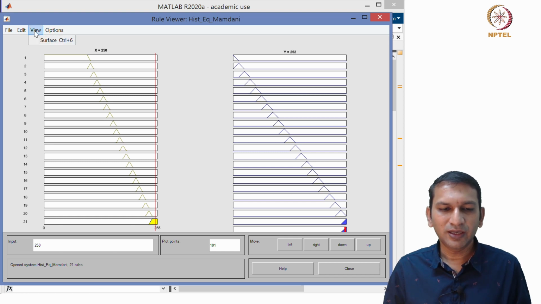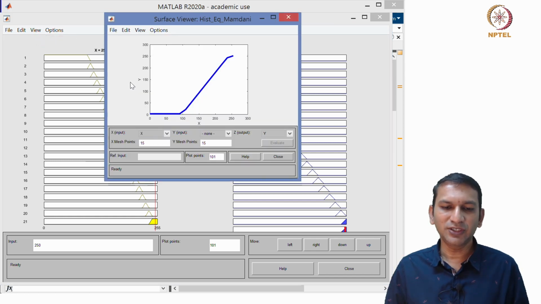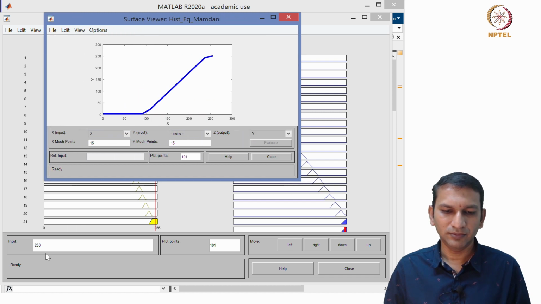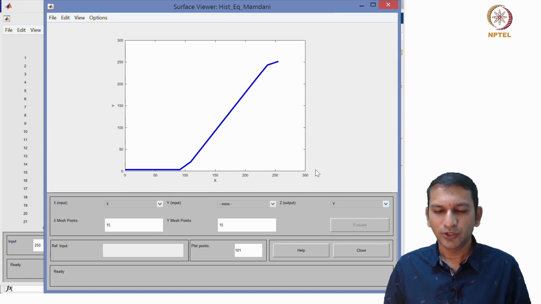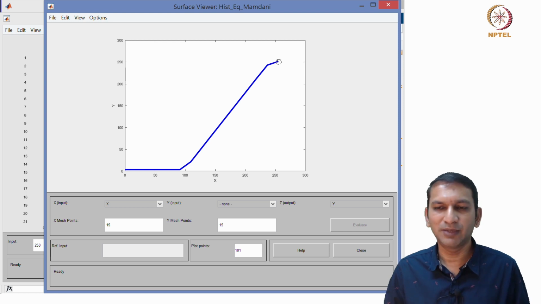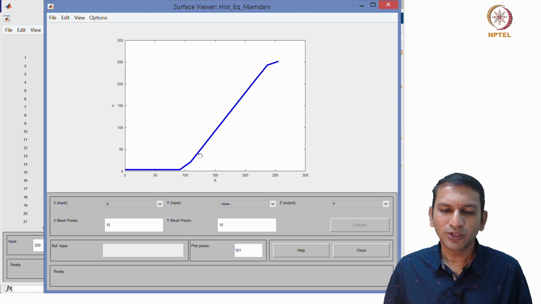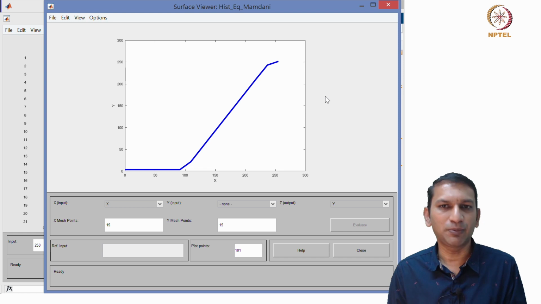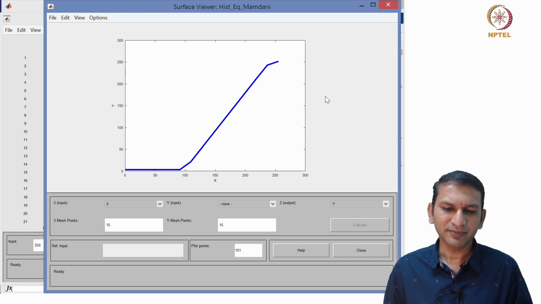Now let's look at the surface, the function that it is trying to map. You see here, up to 97 it is almost 0, and up to 243 or so it is coming very close to 250, and it almost remains the same or slightly monotonic there. So this is the system function that we have captured using our fuzzy inference system.